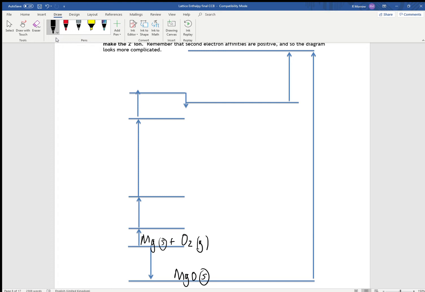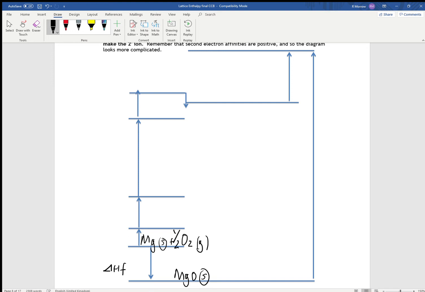If you were comparing it to Hess's law from last year, that's the reaction that you're actually trying to investigate and look at the energy change involved in. Now, again, this is why you need to know your enthalpy changes and your definitions. That's the enthalpy of formation: making 1 mole of a compound from its elements in their standard state. There's one thing I just need to be cautious of there.